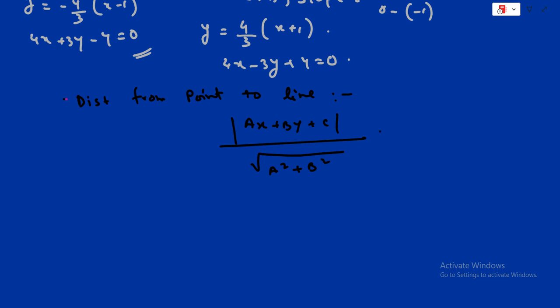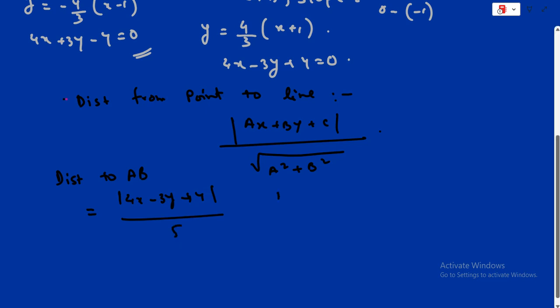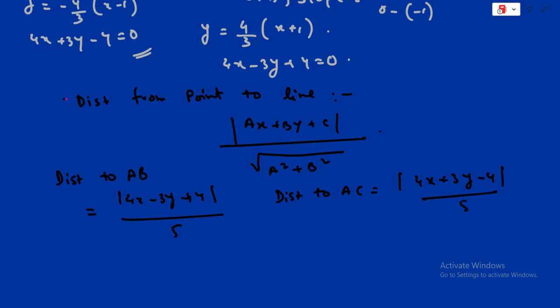So the distance to AB is mod of (4x - 3y + 4) by 5, and the distance to AC is mod of (4x + 3y - 4) by 5.